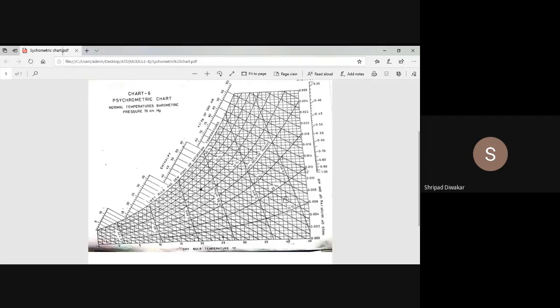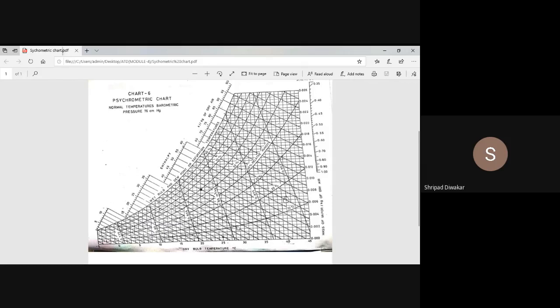Like that you have to mark the point. Very simple. I'll take one example of 25 degrees Celsius DBT, WBT and DPT, to find out the specific humidity at that particular point.